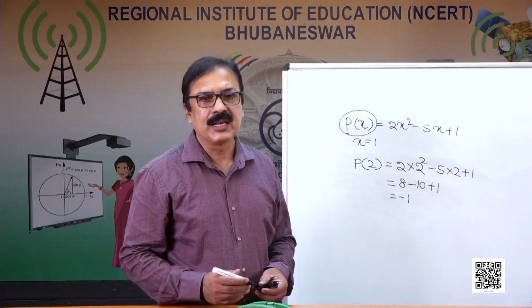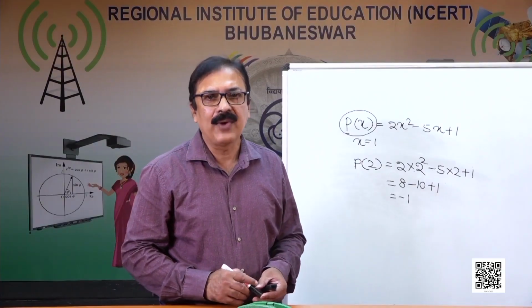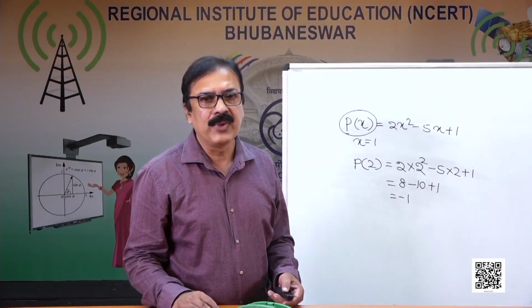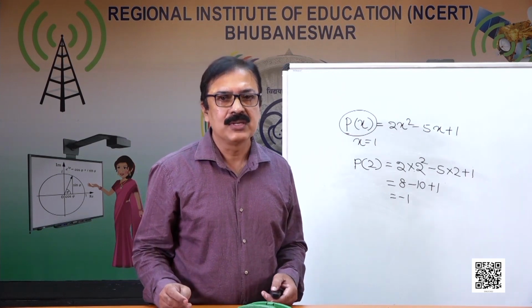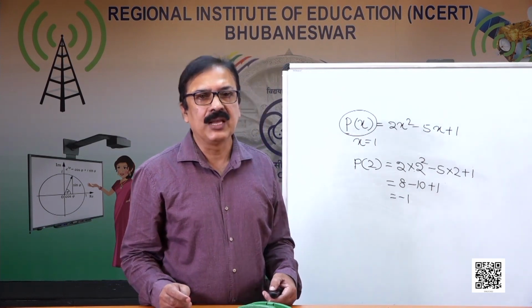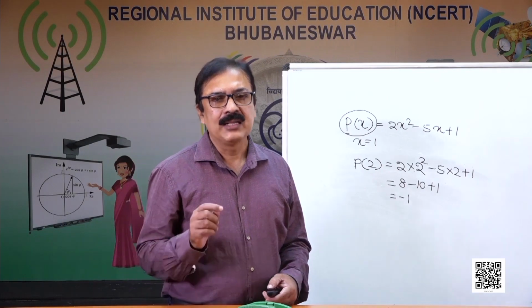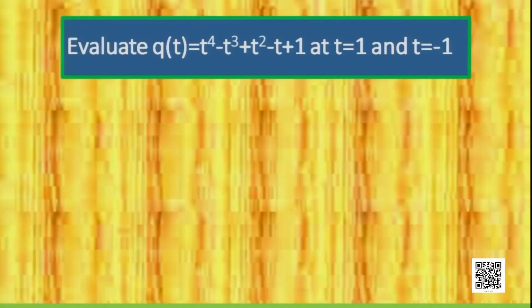So in all these cases, we can find the value of the polynomial for different values of x. Now see, evaluate this polynomial at two different points, that is for different values of t. We do not always use p(x); we can also use other letters to represent a polynomial.